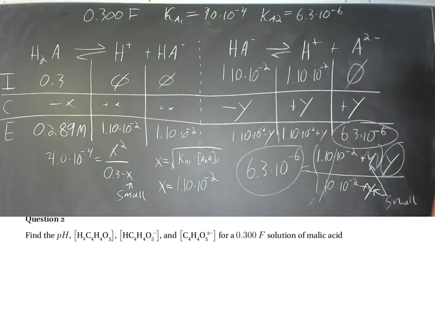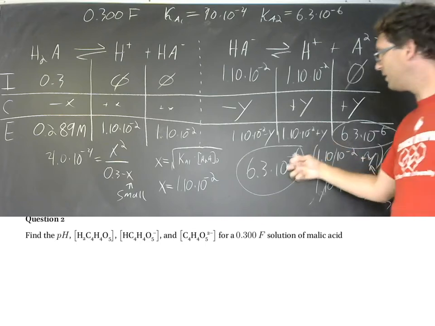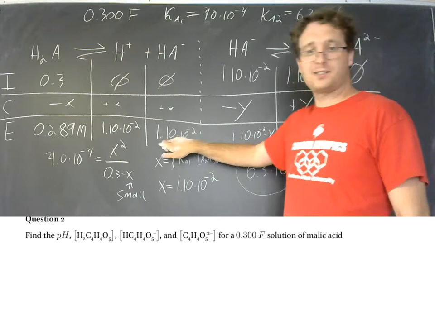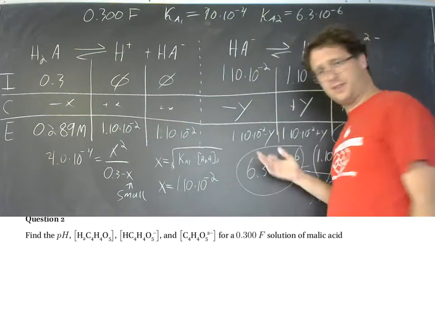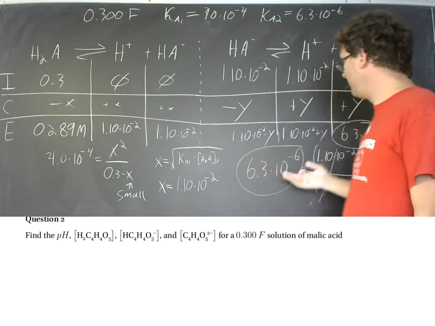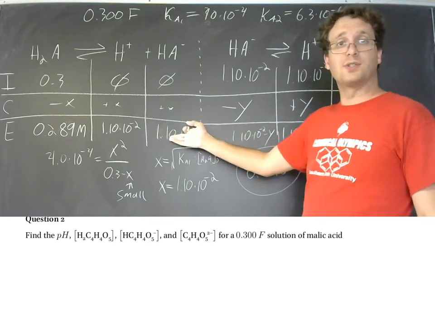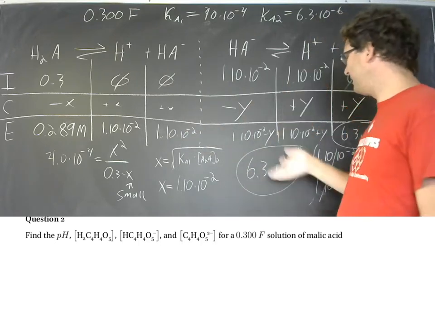Now, it's worth going back and looking at whether this small amount of reaction is going to affect our equilibrium position from the first step. And this is equivalent to asking, is 6.3 times 10 to the negative 6 small relative to these numbers? We could probably use that same 5% rule. And it is small.